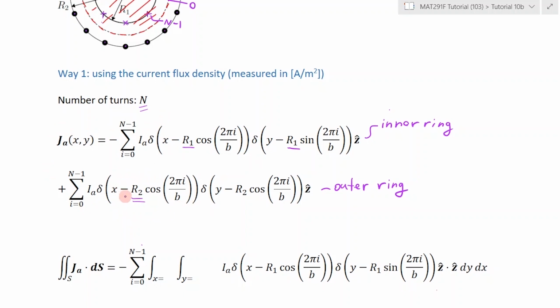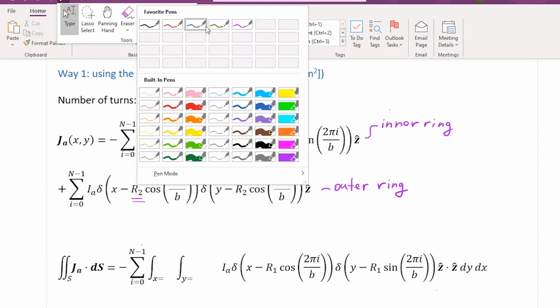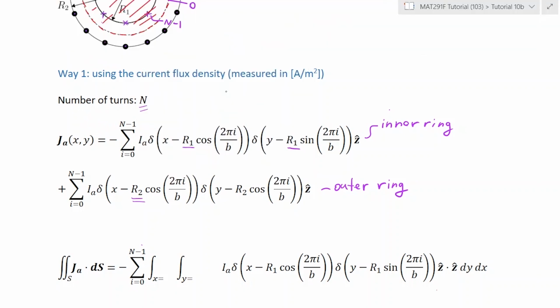Now let's find the flux. So what I did is I took this and I integrated it. I'm going to use some obnoxious color because this integral is not part of this density.